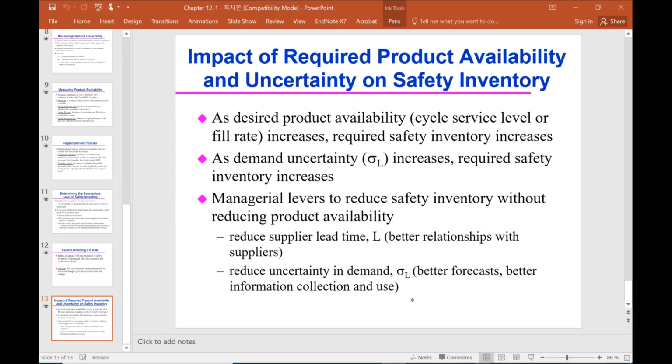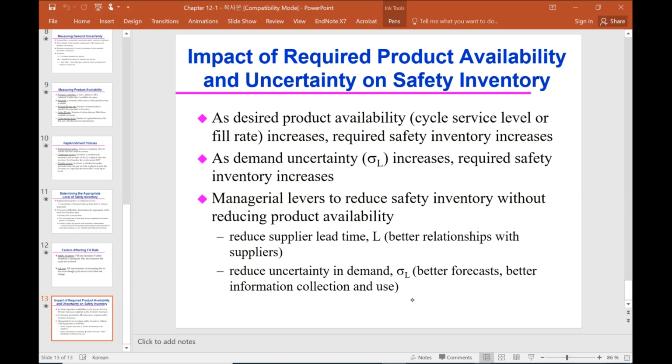As I said, you have to cooperate with your customer and the supplier to reduce the lead time and the demand uncertainty. By having a shorter lead time and stable demand, by cooperating with your customer and the supplier, we can maintain good product availability but at the same time reduce the safety stock, okay?